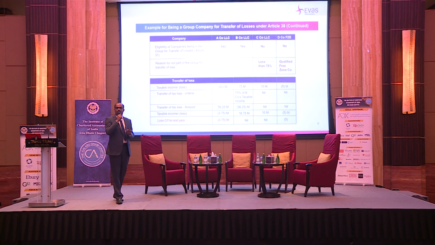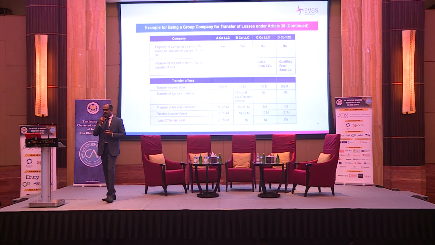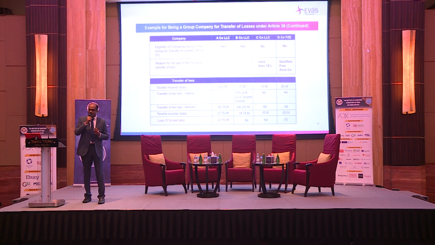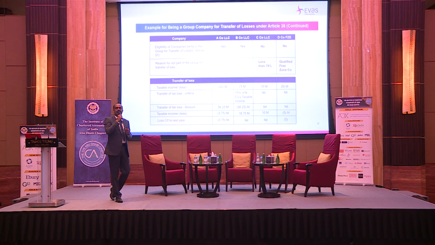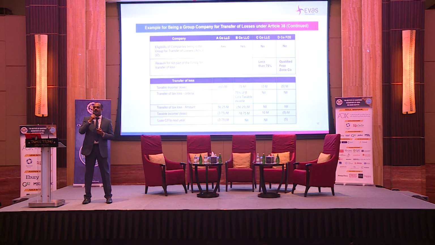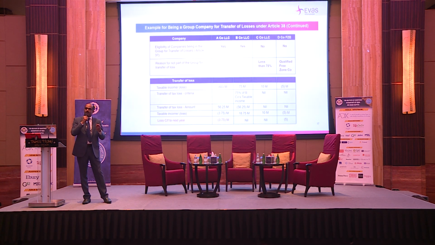So of the 60 million loss of A company, to what extent can B company LLC absorb it? B company has 75 million of profit. There is a threshold: only up to 75% of the income can be offset by losses transferred from another company.